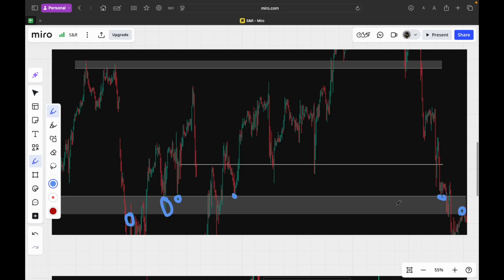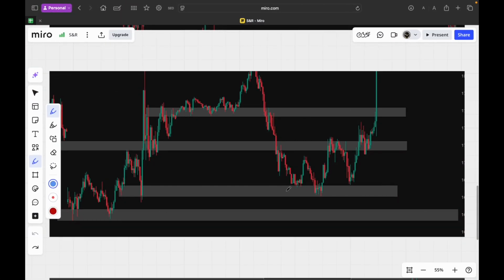So if we need to draw out a zone right over here, I will take it from this wick all the way to the right, and as you can see, it retested. So this whole zone becomes a support and resistance level, and you can see how price reacts from that zone.